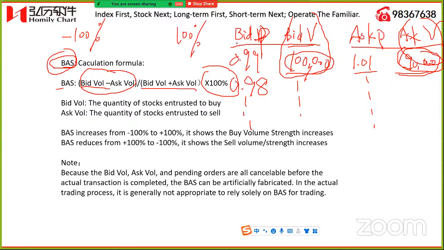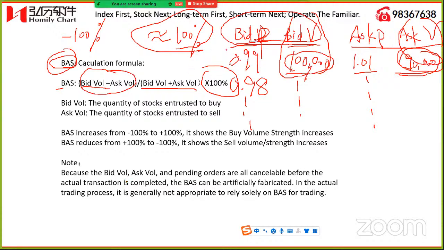If there is a lot of bid volume and very little ask volume, it is almost near 100%, so you will see a lot of buy strength.